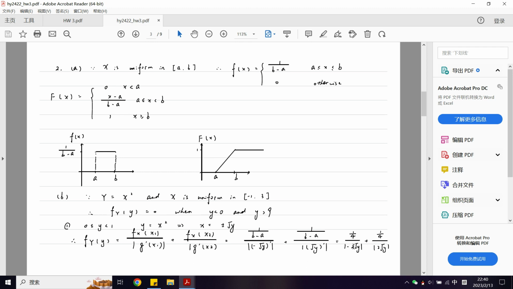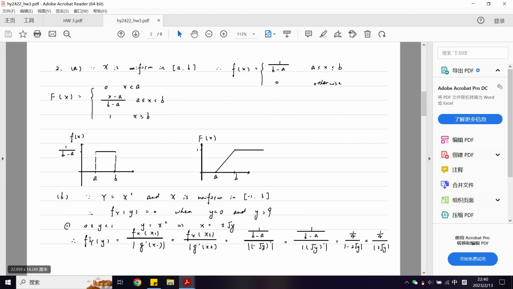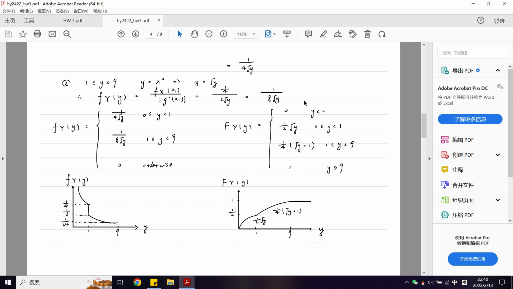So we need to find the derivative of these two roots, which is 2 times square root y. After that we add these two results, and finally we get that small fy is the reciprocal of 4 times square root y, which is the first condition.